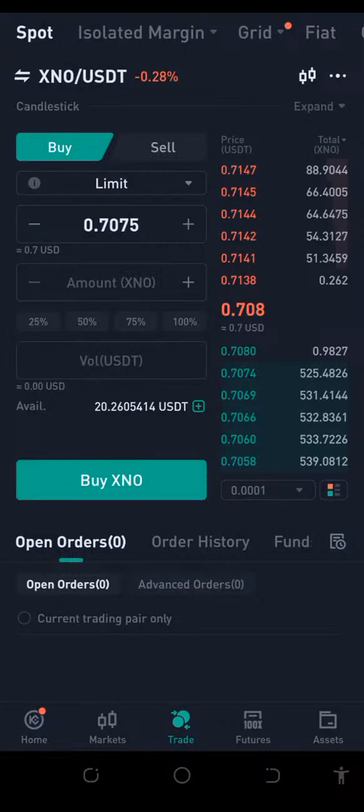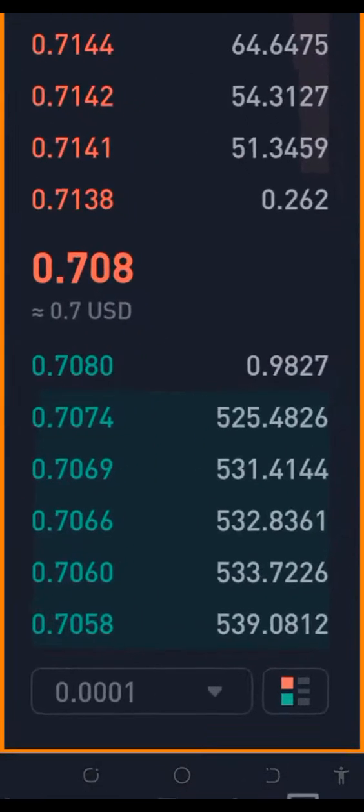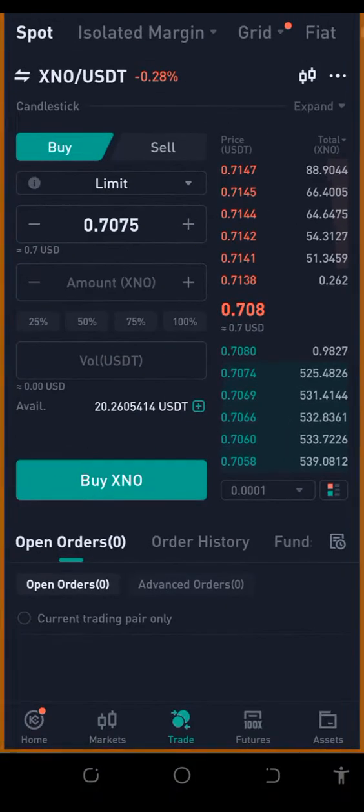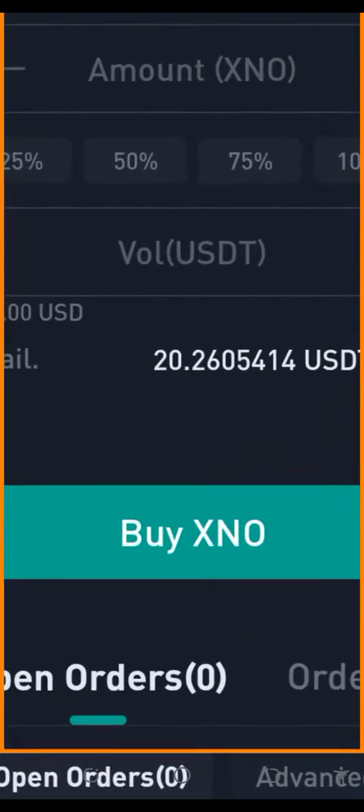So it was going down and I just felt, okay, the next in line was that 7075, because the other ones on top of it didn't have the liquidity that we needed. We only had like 3, 2 and thereabouts. So that's why I went for the one that had a good liquidity of 33 pieces of XNO, and that's how we got our 26 cents.